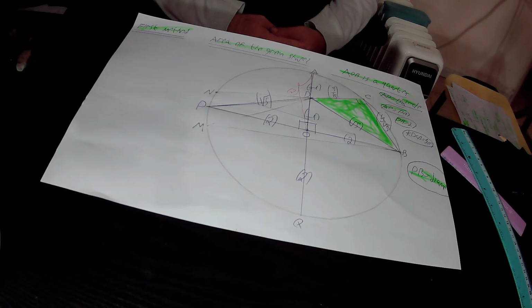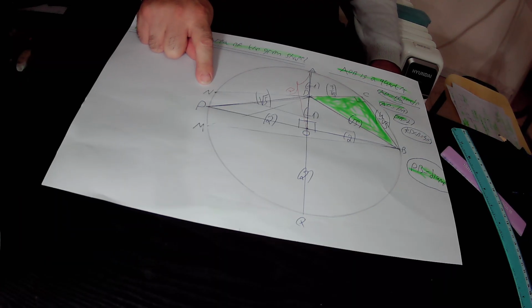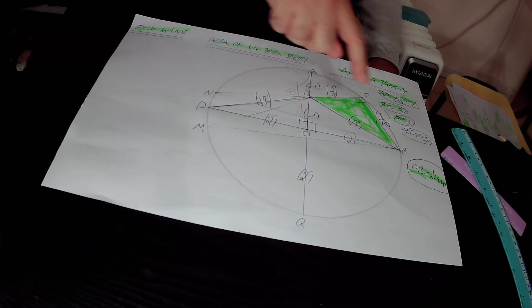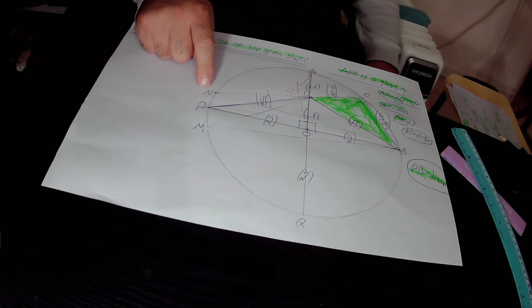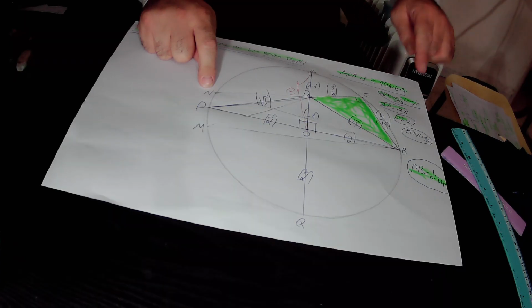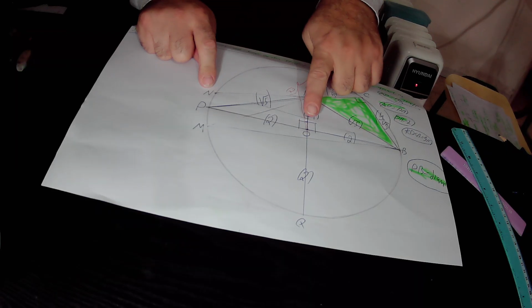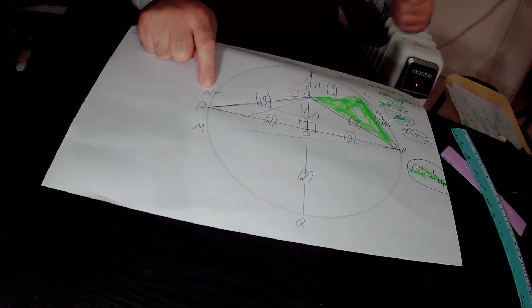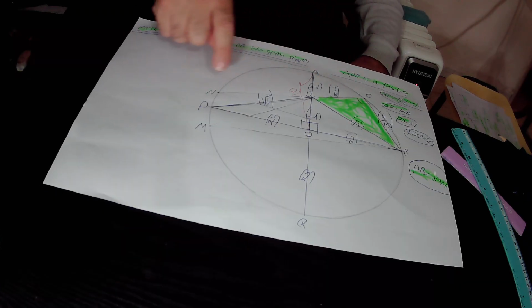For example, if the extended side CD touches the circle at point N, then we will have angle BCN equal to 90 degrees in size, and it still doesn't subtend the diameter of the circle because BN is definitely not the diameter of the circle because it doesn't pass through point O, that is the center of the circle. So due to the contradiction to rule 5, we conclude that the extended side CD cannot touch the circle at point N.